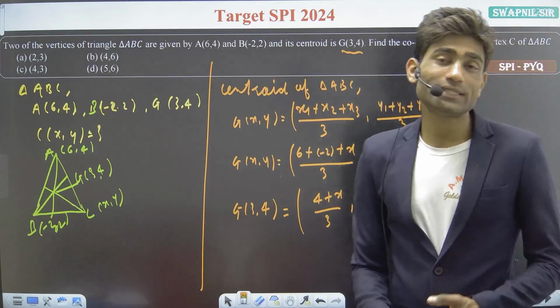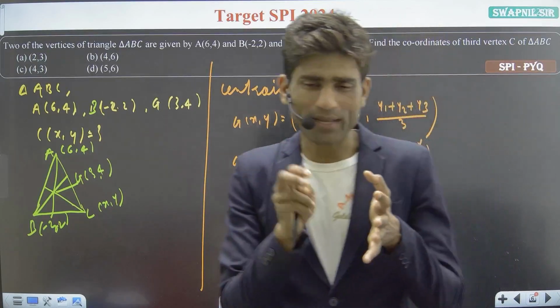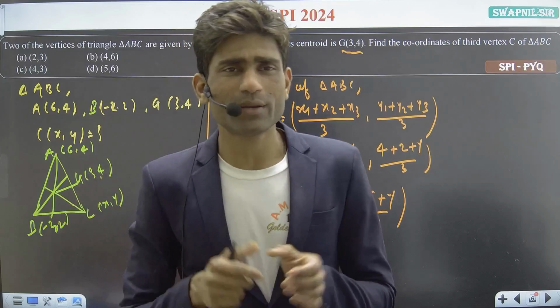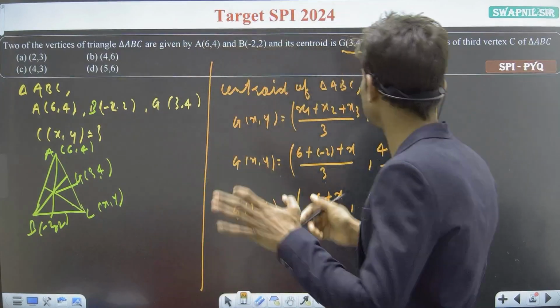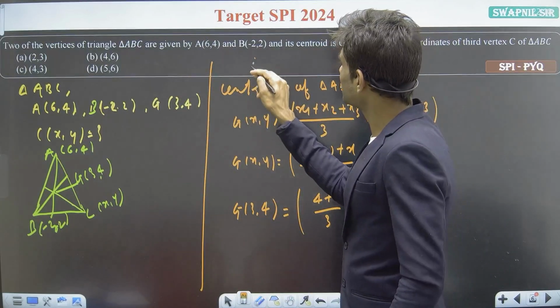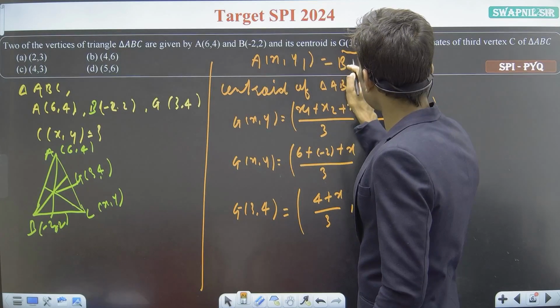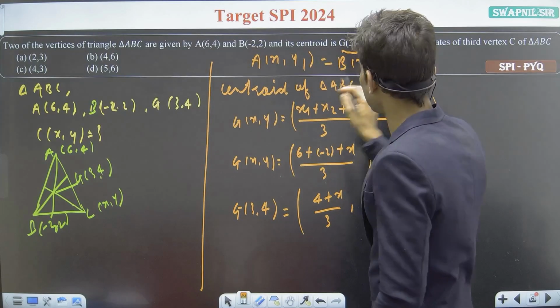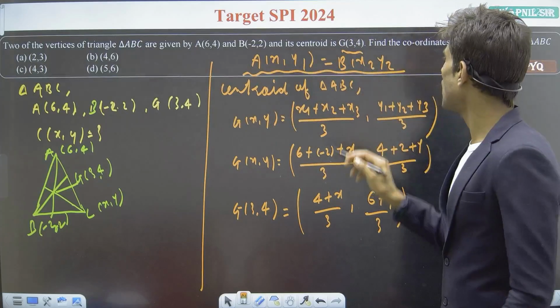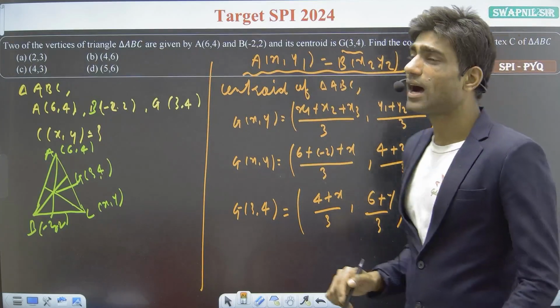Now see that when we have an x, y coordinate equal to another x, y coordinate, let me explain here. If I consider A of x1 y1 which is equal to B of x2 y2, these two ordered pairs are equal.